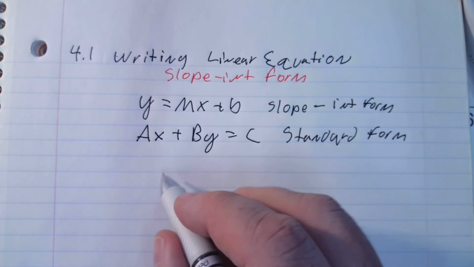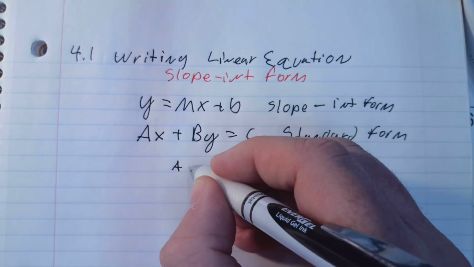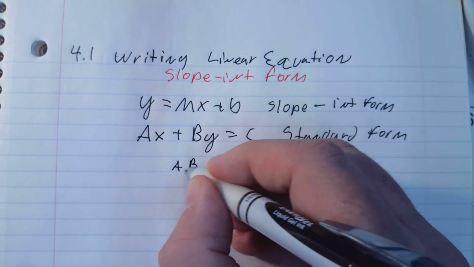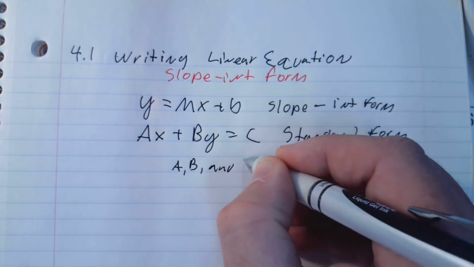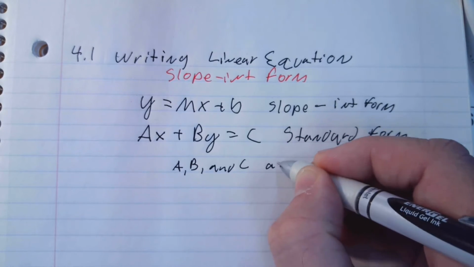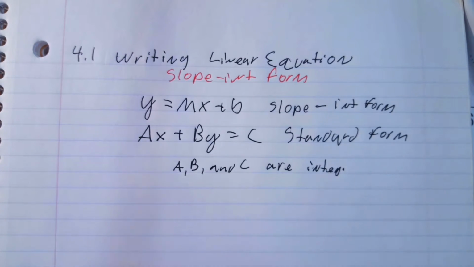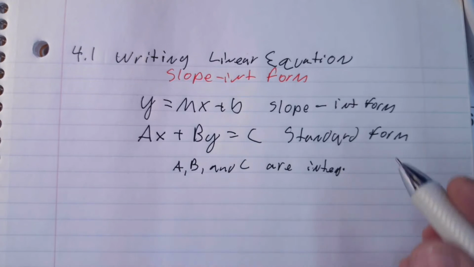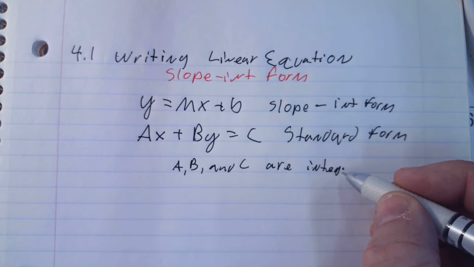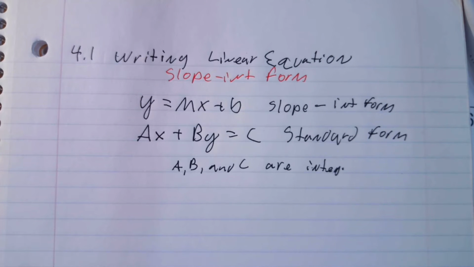And the rules for standard form: A, B, and C are integers. That means they can't be a fraction or a decimal, which I know a lot of people like. Let me make sure I don't spell this wrong.